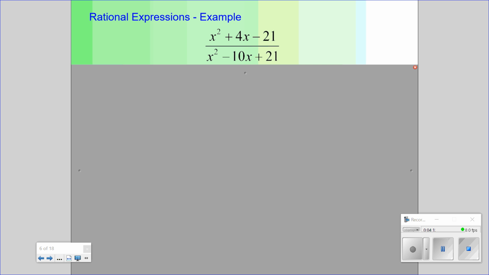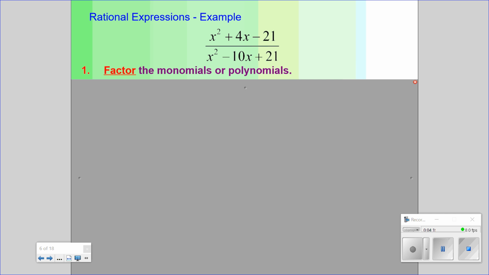So here is an example of a rational expression. I've got a trinomial on top, a trinomial on bottom. So step 1 is to start by factoring the monomials or polynomials. To do this, you may want to, off to the side, carry this numerator and denominator over and work these out separately.